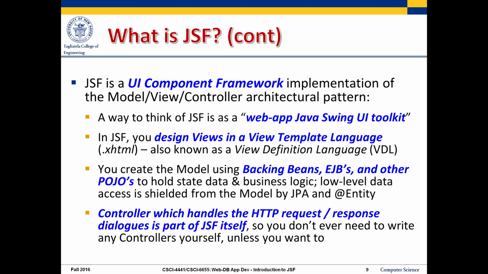So during the execute phase, basically the UI component tree is either built from scratch if it's the first time for that page, or it is restored on the server side if that page has been seen before. The request parameter values are applied to that component tree.